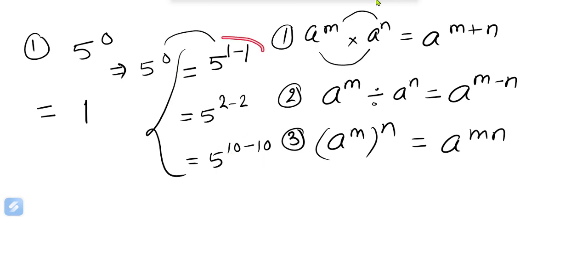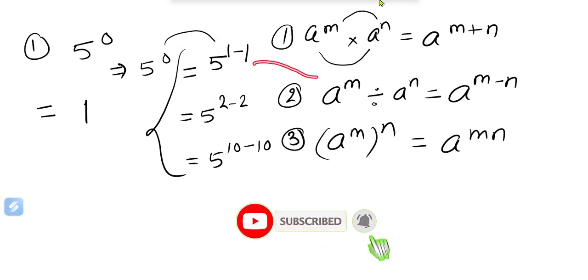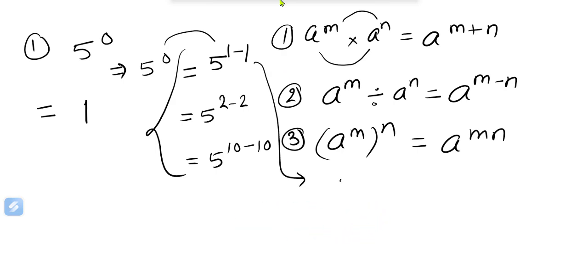Now, why is the answer 1? If you compare these two relations, we can simply write this as 5^1 divided by 5^1. So they cancel each other and we get 1.